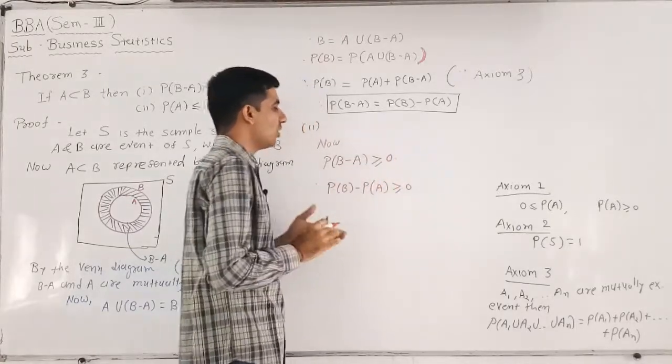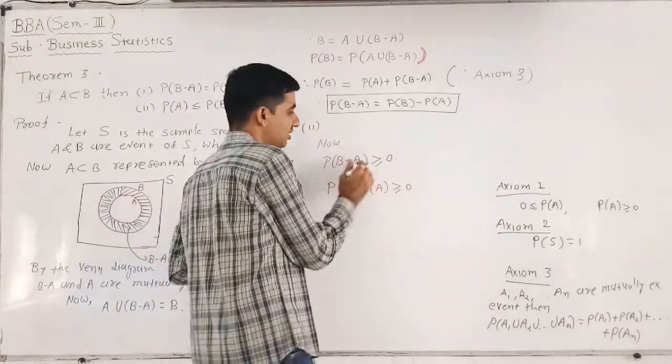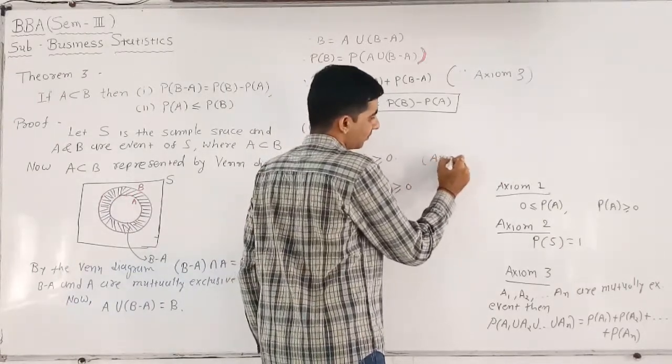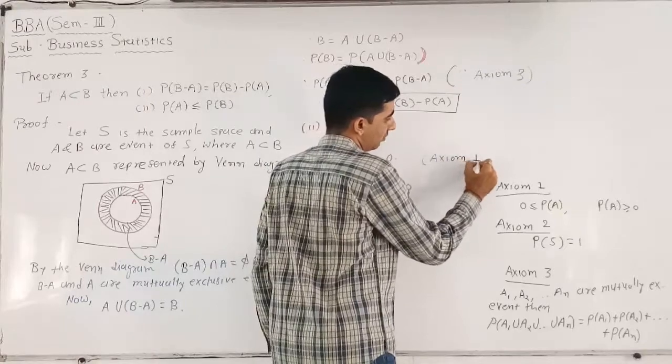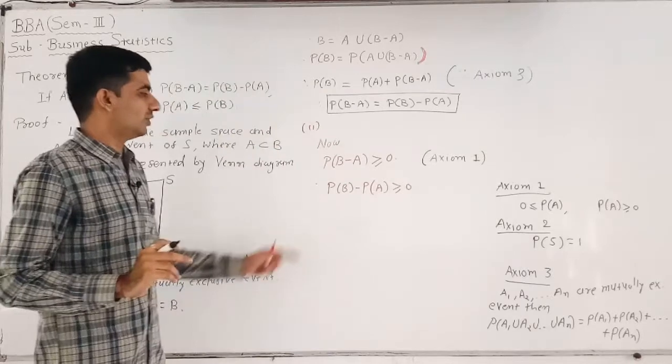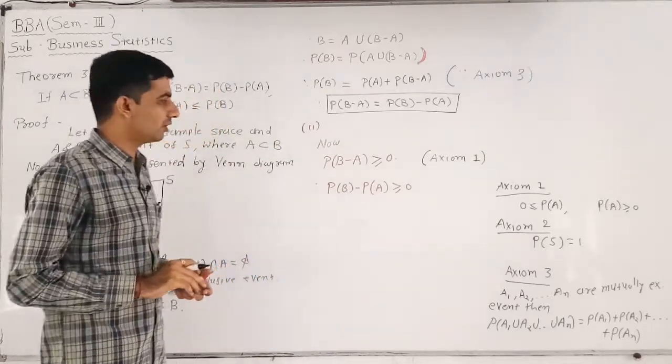જો આના માટે રીઝન લખવું હોય ફર્સ્ટ સ્ટેપ માટે P of B minus A greater than or equal to 0 તો આના માટે રીઝન આ લખી શકાય કે axiom number 1 પૂર્વધારણા 1 પરથી. So therefore P of B minus P of A greater than or equal to 0.